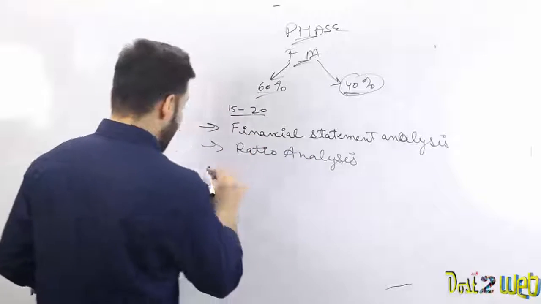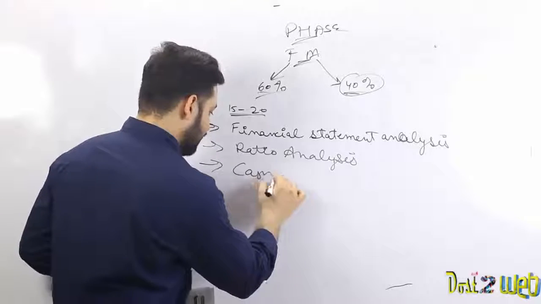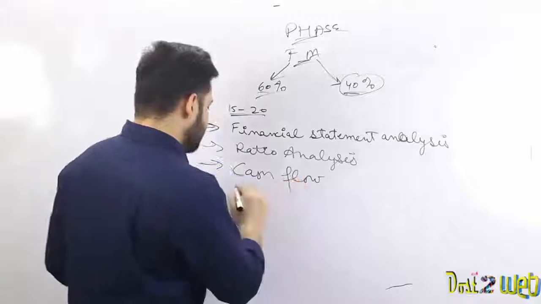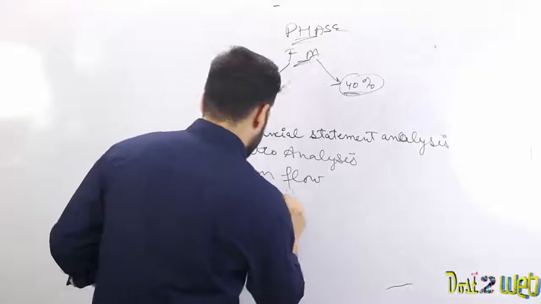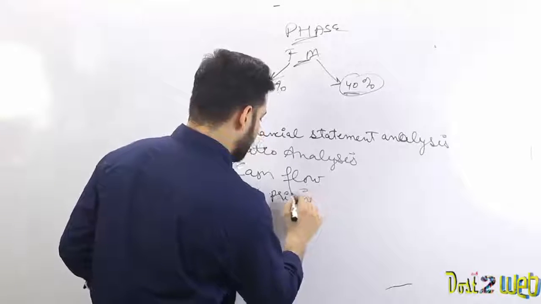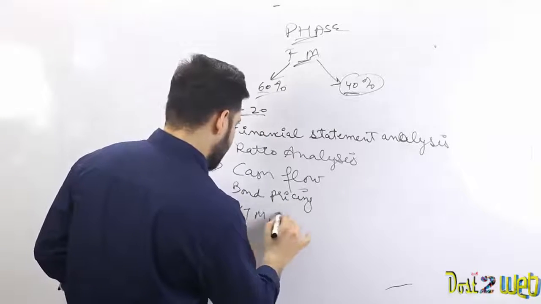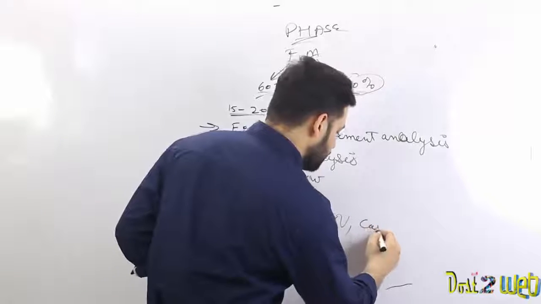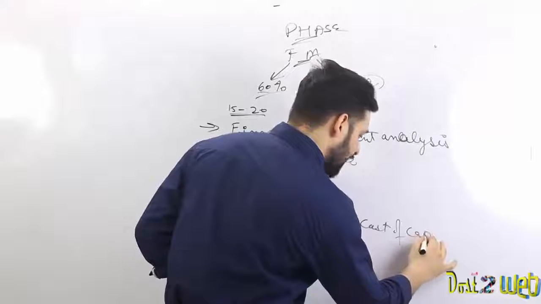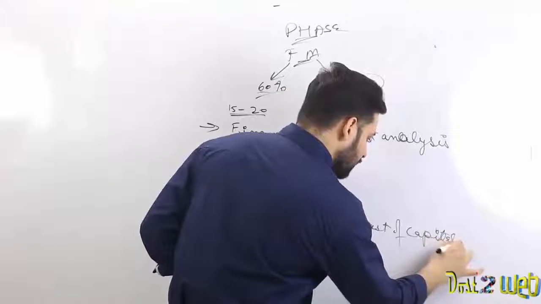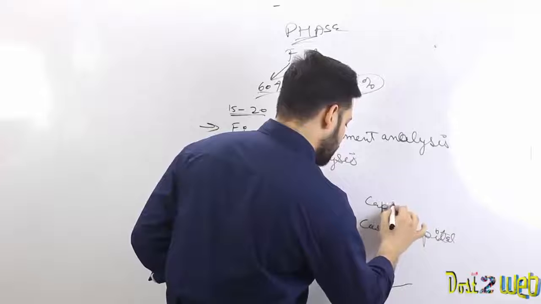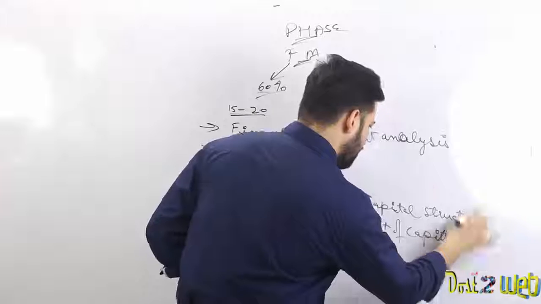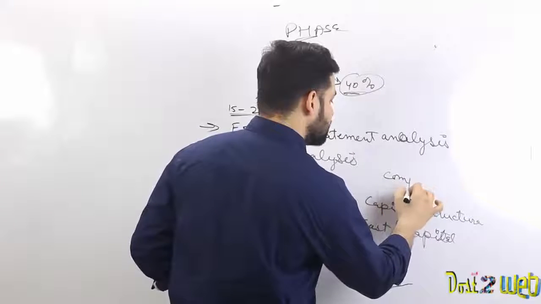The cash flow statement, fund flow statement, or the basic bond pricing, you know, one question from bond pricing, YTM, IRR, NPV, cost of capital, capital structure, and basics of company accounts.